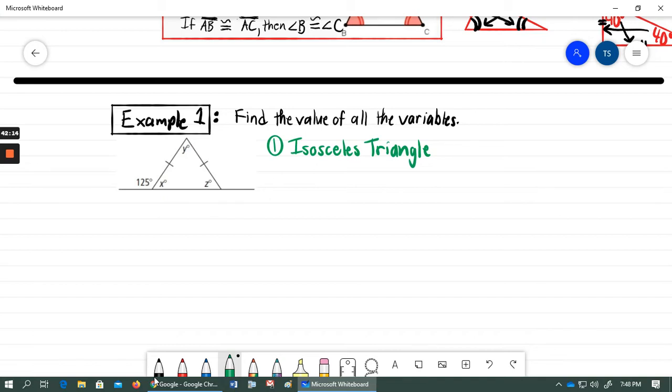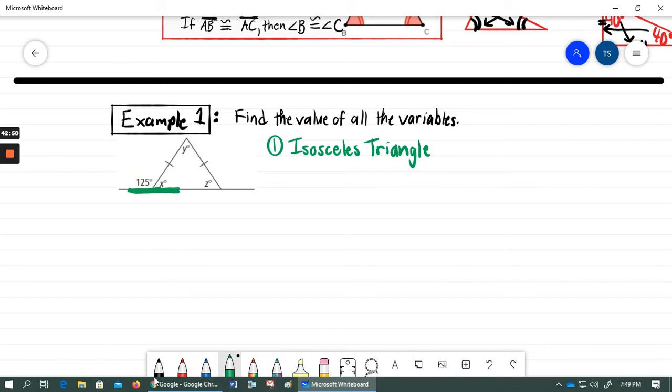And again, folks, what we talked about as far as exterior angles go: an exterior angle and its adjacent interior angle are always going to form a linear pair, which means that those two angles are supplementary.